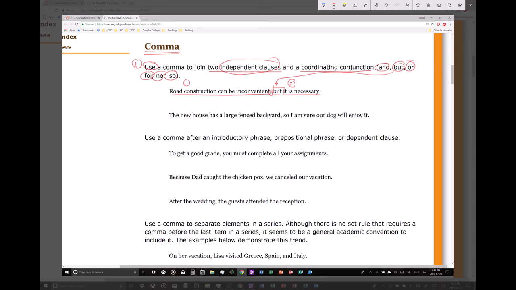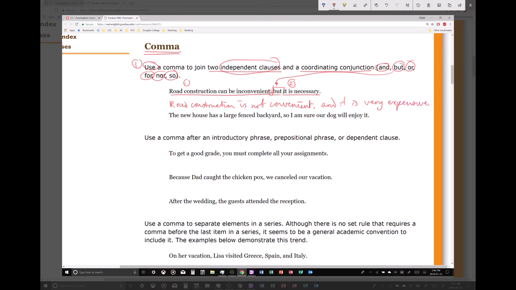Maybe I'd say road construction is very expensive.